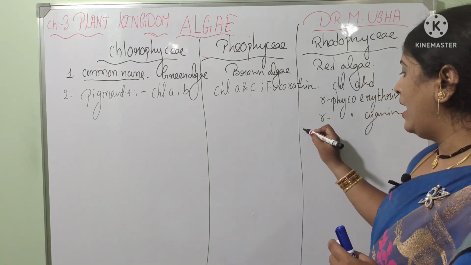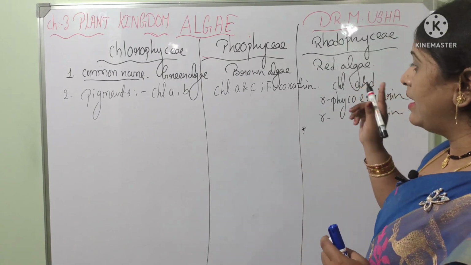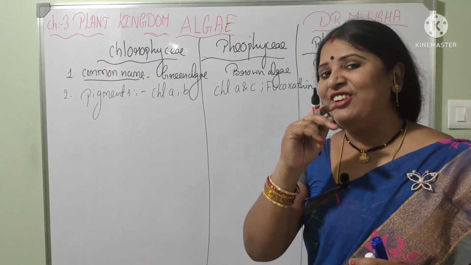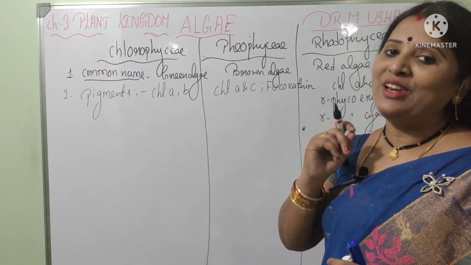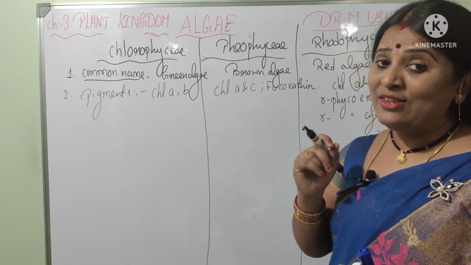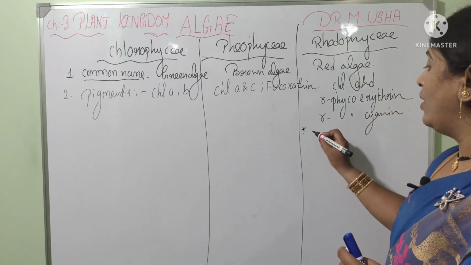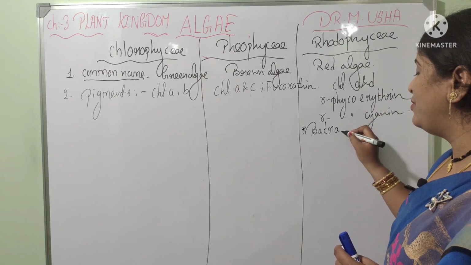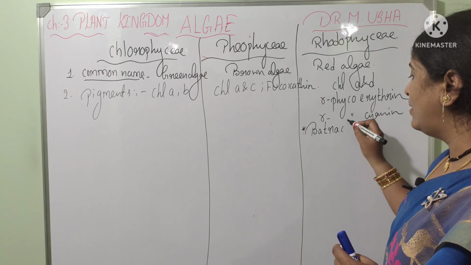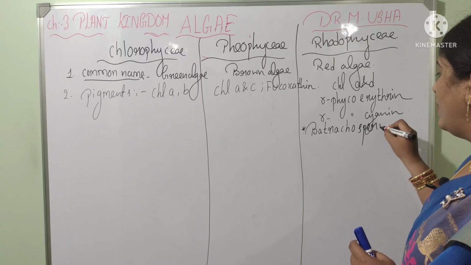Here, children, I am making one important note: all red algae may not be red in color. Some algae are also blue-green in color. What is such an example under the red algae? Batrachospermum. You know that very well. In a few classes I taught that Batrachospermum is frog spawn.